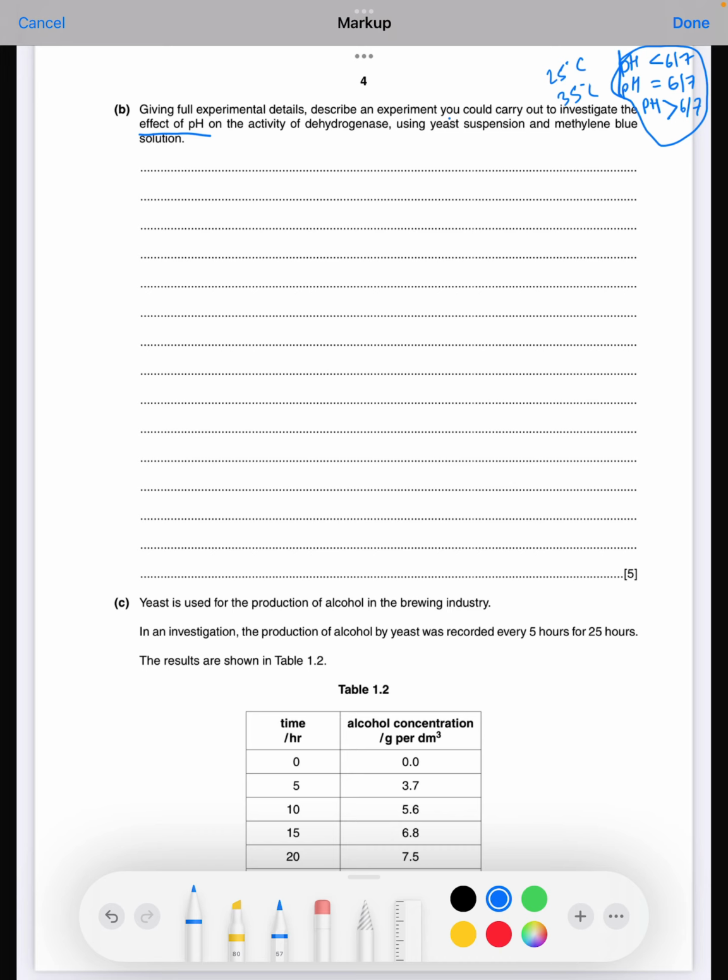Okay, now let's prepare. First step is preparing 3 different solutions with 3 different pH.